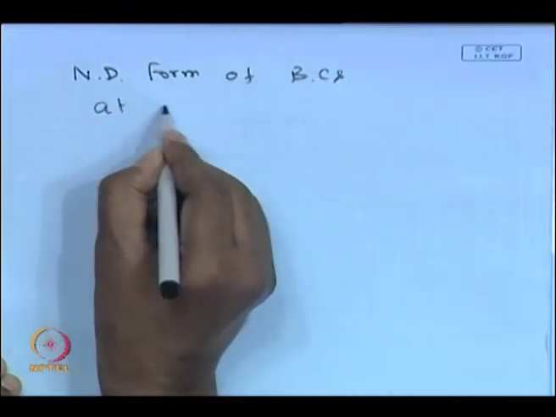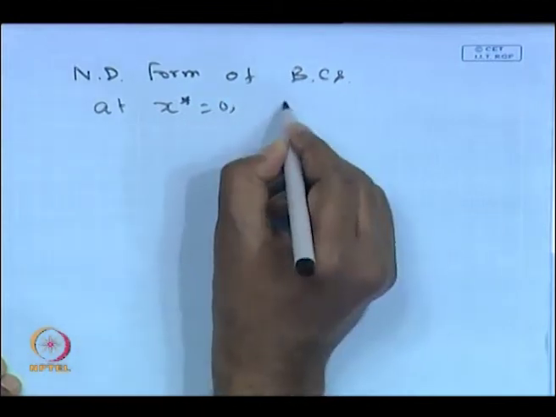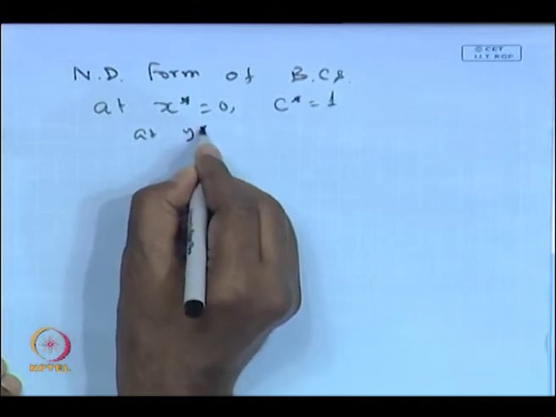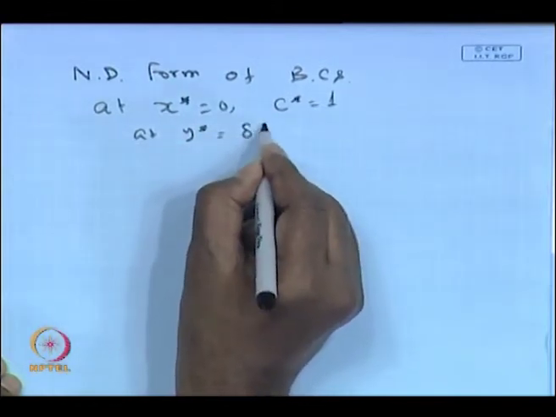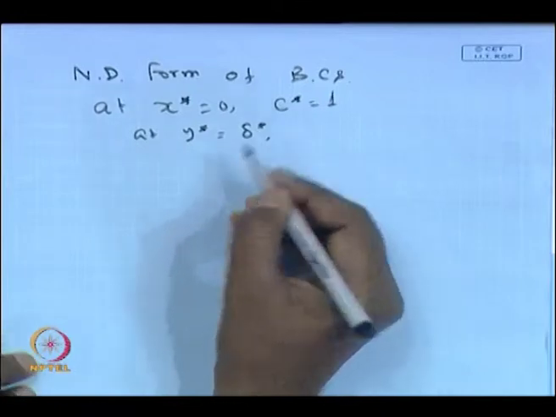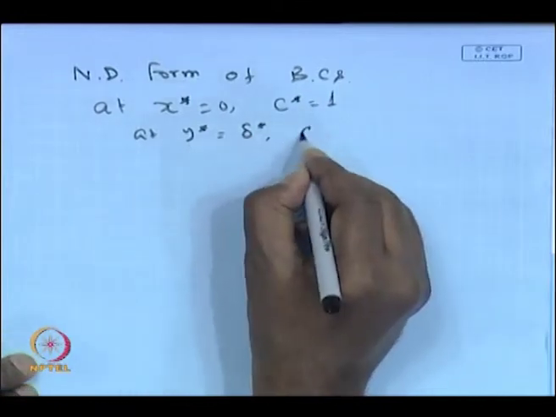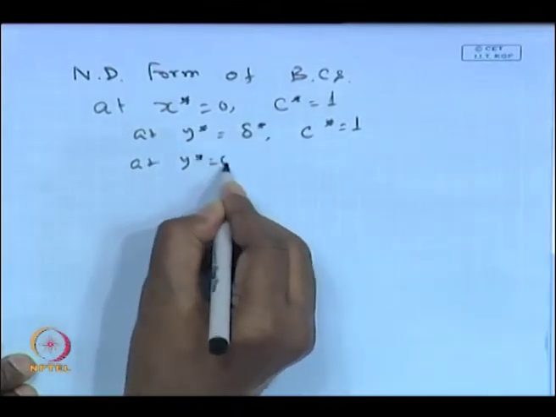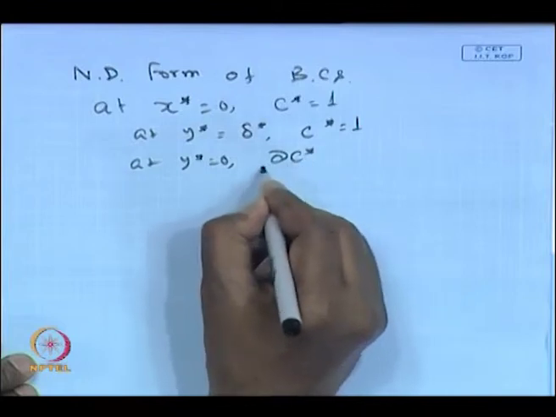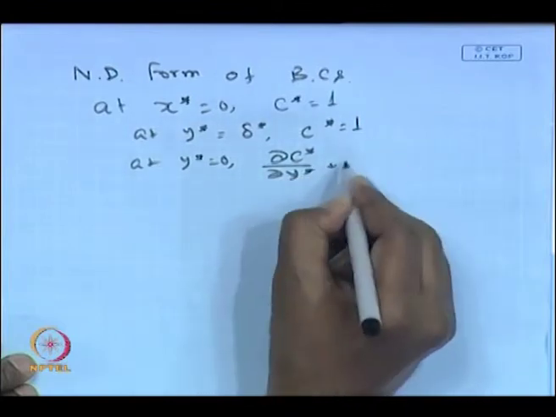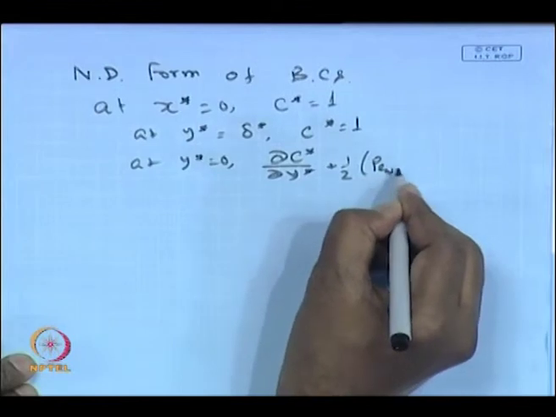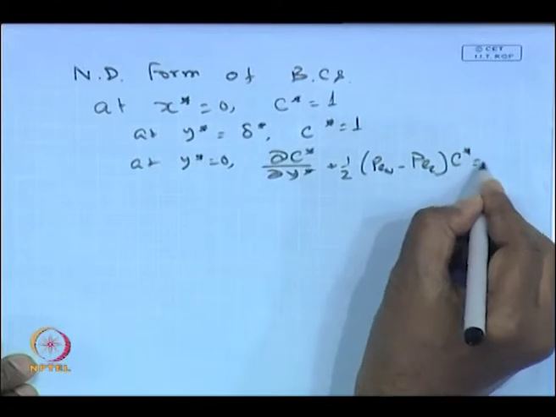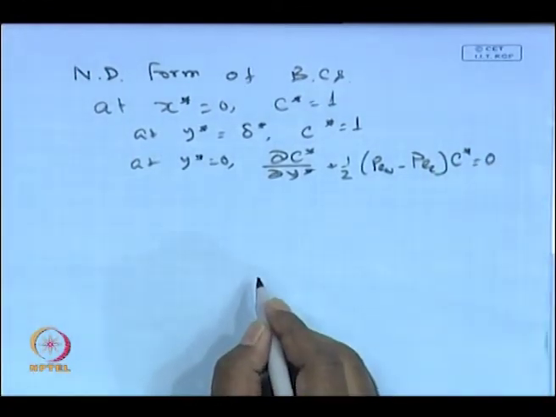These are: at x star equal to 0, C star is equal to 1; at y star equal to delta star, the edge of the boundary layer, where delta star is delta by r, C star equal to 1; and at y star equal to 0, you have del C star del y star plus half (P E W minus P E E) C star is equal to 0.